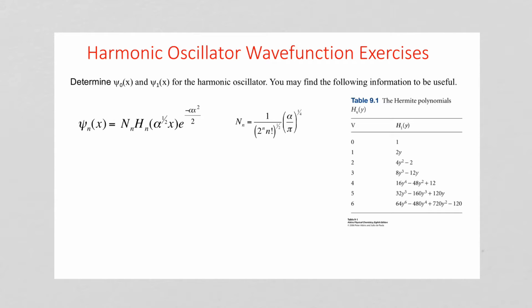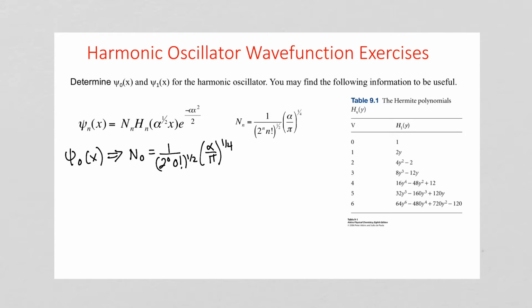Okay, so let's start with our psi 0. It's going to be our simplest one. So psi 0 of x, we want to just piece that together. So first of all, we want to get the value for our normalization constant. So let's find N sub 0. So here we'll just plug in our values there.